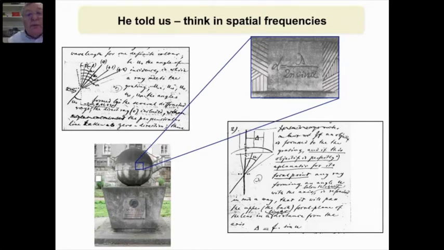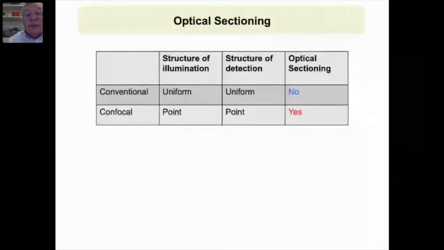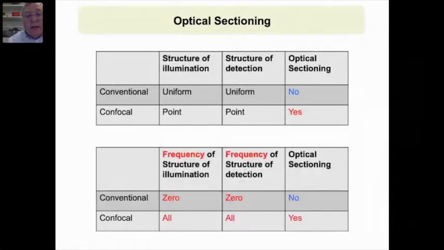So let me say what this optical sectioning is in exactly the same way that I've done here, but in terms of spatial frequencies. The frequency of the structure of the illumination in the conventional microscope is 0. The frequency of the structure of illumination from a pinhole, let's say, is many, huge numbers in the confocal.